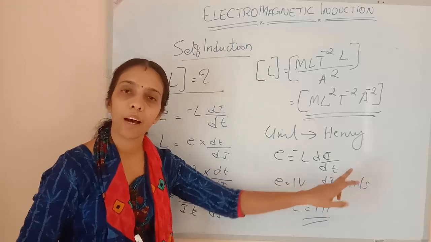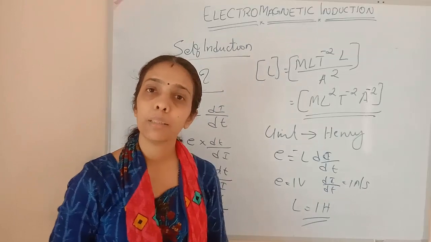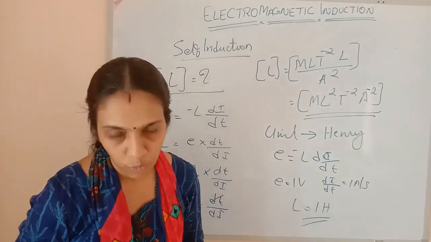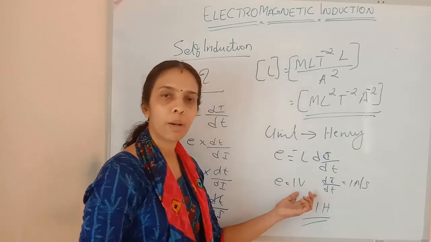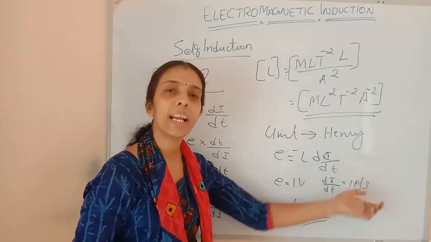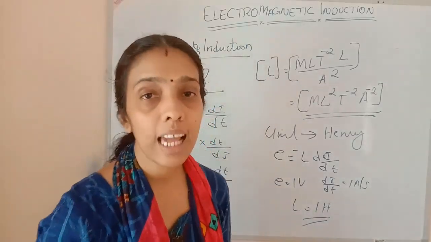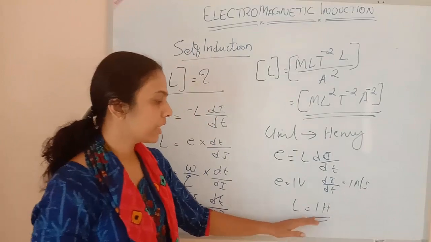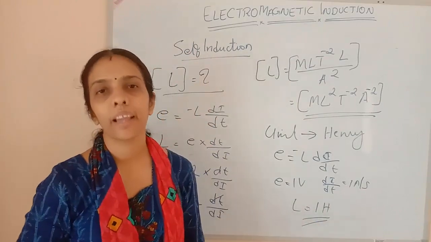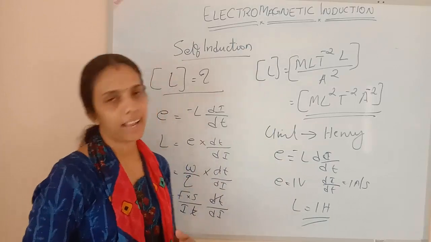If an EMF of 1 volt is developing in the circuit because of a current change of 1 ampere per second, then the self-inductance or coefficient of self-induction is equal to 1 Henry. This is how we define Henry.